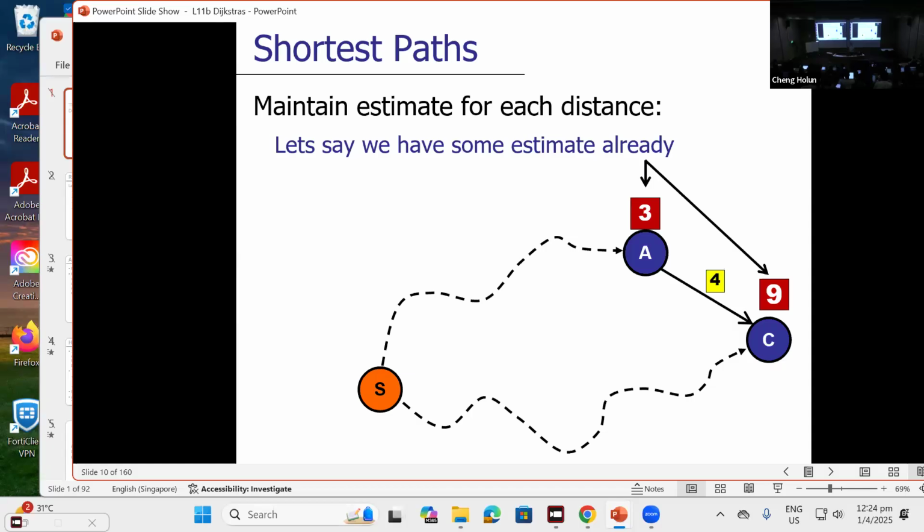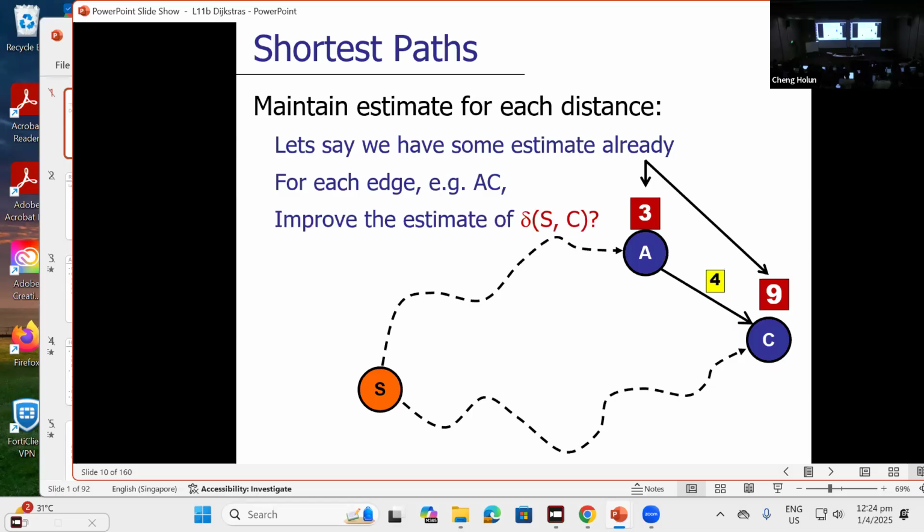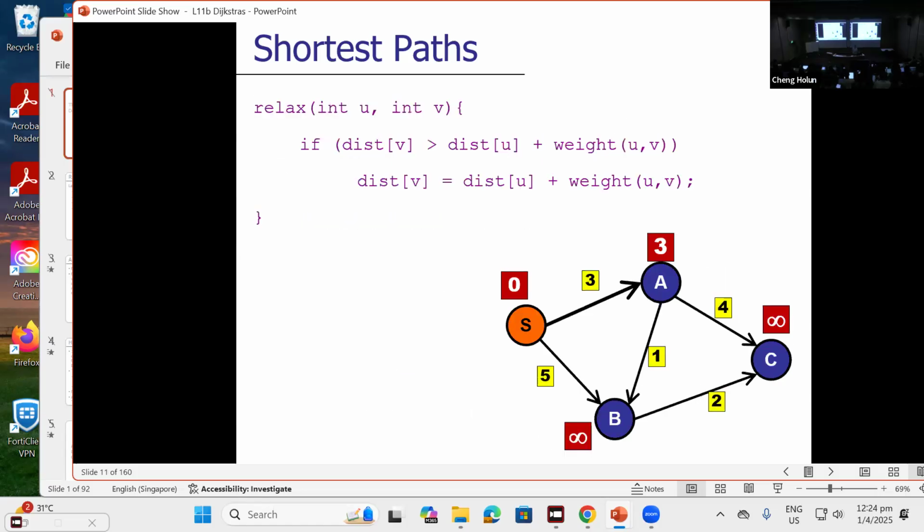Based on which one is smaller, you may or may not update the estimated distance for C. So for each edge AC, can I improve S to C? This is the relaxation algorithm we talked about last week. I'm not going to repeat that.